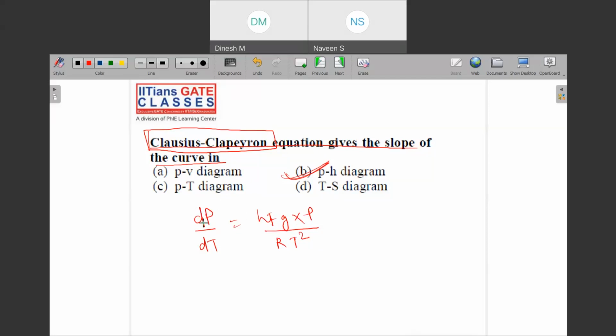It gives the slope of the PT curve. No, this PH is wrong. This is the PT curve, right? dP upon dT. So which diagram? This is the PT diagram. Okay.